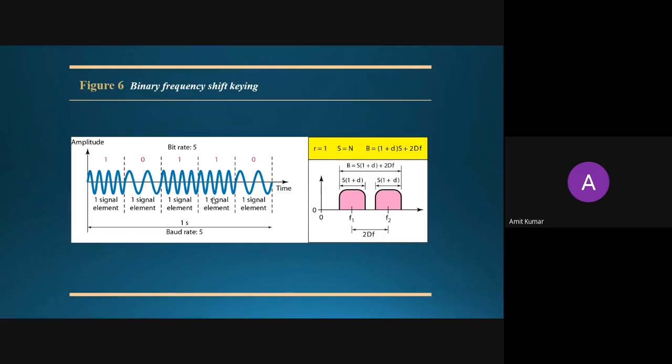If you are using an ASK signal, then the bandwidth requirement is less. If you remember the bandwidth formula for ASK, it is given by 1 plus D multiplied by S, where D is your modulation factor, which always lies between 0 and 1.